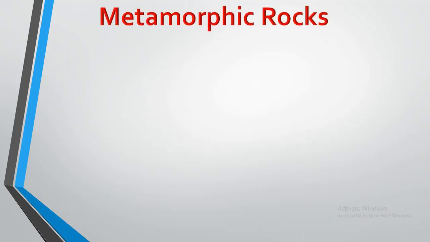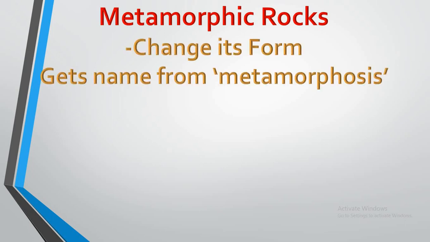The third type is called metamorphic rocks. What does metamorphic mean? Change of form. It gets the name from metamorphosis. Why do we call it metamorphosis? Yes, igneous and sedimentary rocks get changed and form these metamorphic rocks.